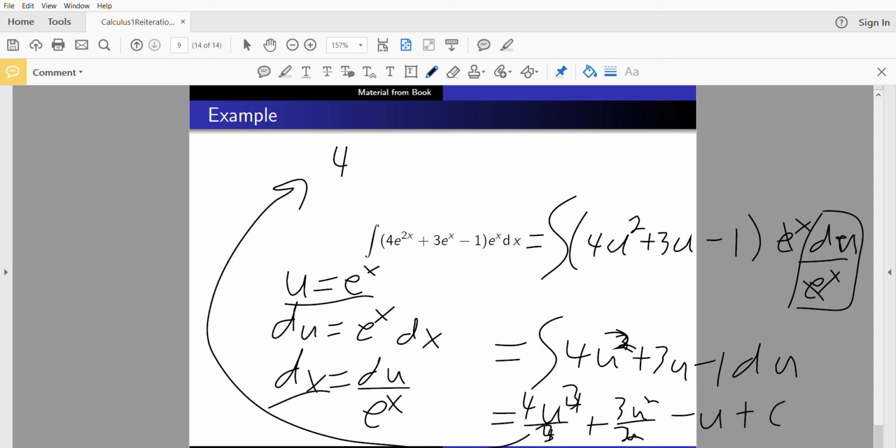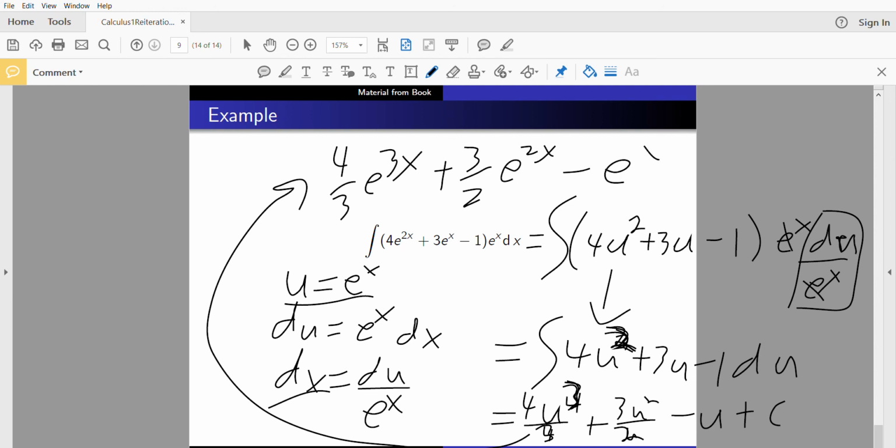So everybody caught that mistake, it's just basically translated from here to here with a u squared to a u cubed. So this is really u squared, and that's a u to the third when I do the antiderivative of that expression. So I get e to the 3x, plus 3/2 e to the 2x minus e to the x plus constant c. And so that is my antiderivative expression, and that's what I end up getting out of this.